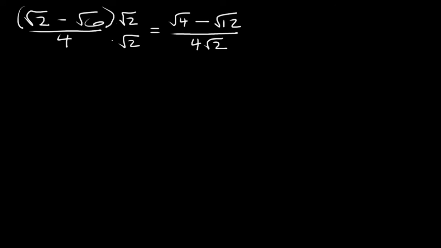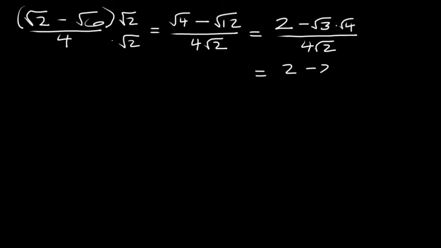And so then if we look at what we have, well, that's just 2. That can be written as square root of 3 times square root of 4. The bottom can't really be changed. And then root 4 is just 2. So I'd have 2 minus 2 root 3 over 4 root 2.